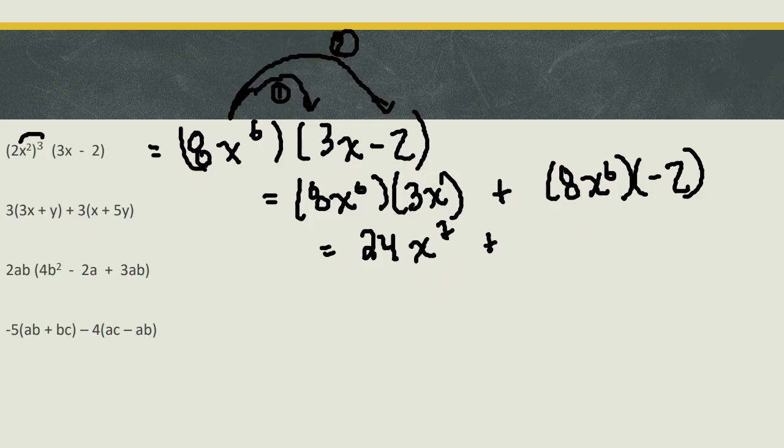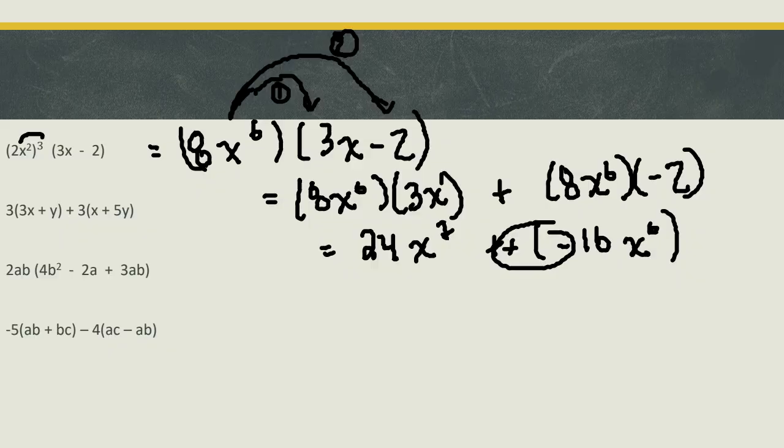I wrote a plus, but it's going to end up switching. Why? Because I have 8 times negative 2, so that's a negative 16. Let's write it out for the sake of learning here. So we have a negative 16, and an x to the 6. These double signs here, when I have a plus and minus together, what do I know?